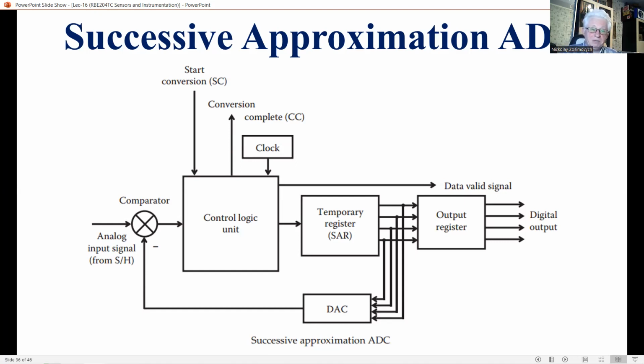All the remaining bits are set to 0. For example, if the full scale is 12 volts, the DAC output now is 6 volts, which is compared with the analog value, which could be anything in the range from 0 to 12 volts. This digital word in the temporary register is supplied to the DAC.